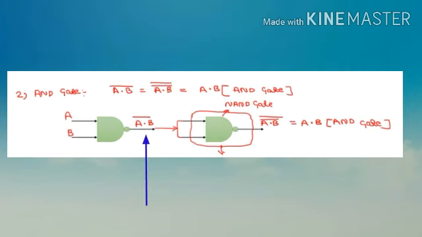But by adding the NOT gate after it, we get A dot B double complement. So the double complement will cancel each other and we'll get A dot B. That is the Boolean equation of AND gate. In this way, we can derive AND gate from NAND gate.